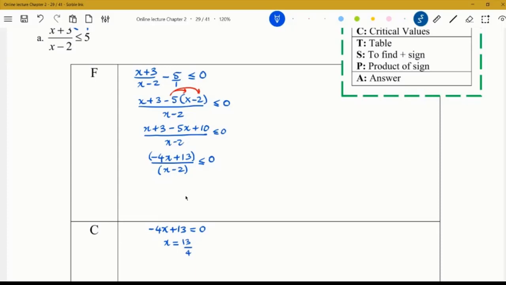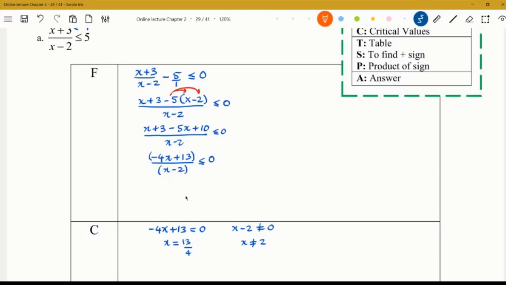Okay, itu adalah nilai yang pertama, critical number yang pertama. Critical number yang kedua based on the denominator x minus 2. Tapi as you can see, yang tadi dia cakap bahagian bawah tak boleh sama dengan kosong. So it's not equal to 0. Okay. So x is not equal to 2. So kenapa kita ada equal, kenapa kita tak ada equal?